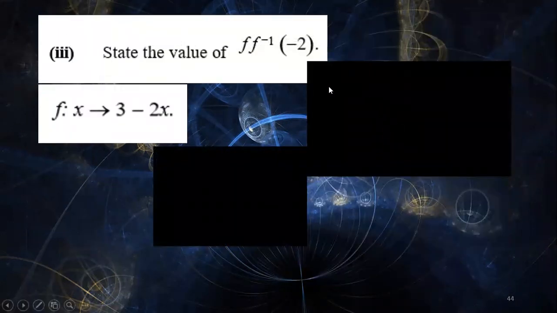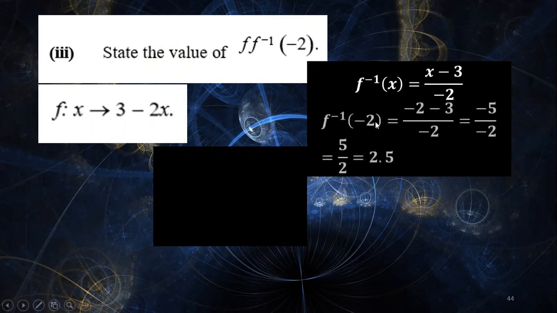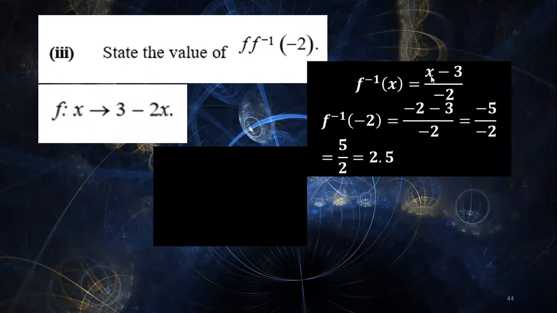So what we're going to do now is take the value of f of f inverse of minus 2. First, we recall that f inverse of x is x minus 3 over -2. So f inverse of minus 2, wherever I see x in f inverse of x, I'm going to replace it with -2. -2 minus 3 over -2 is equal to -5 over -2, which is the same as saying 2.5.